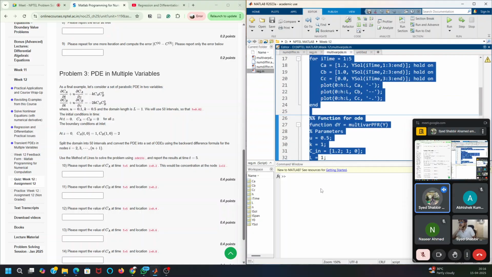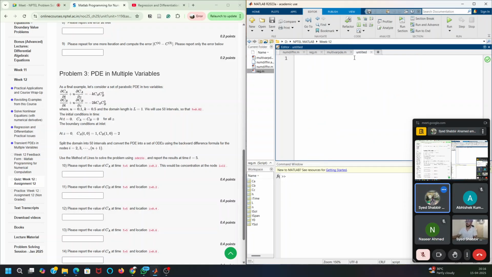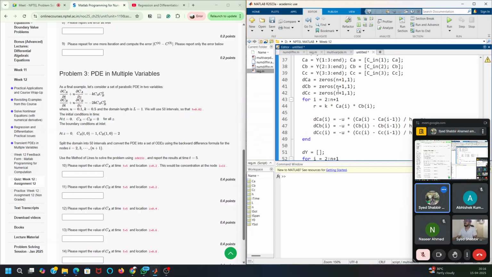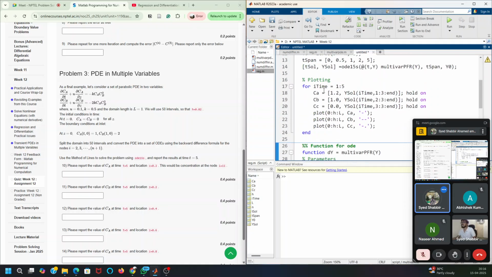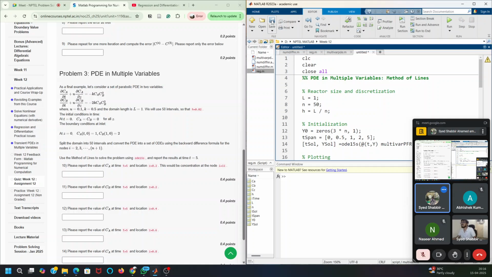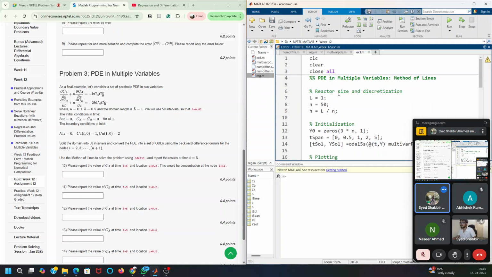We'll copy it, and I'll make the changes here itself. Save as example one. The length is the same. The number of intervals is 50. Everything is the same.